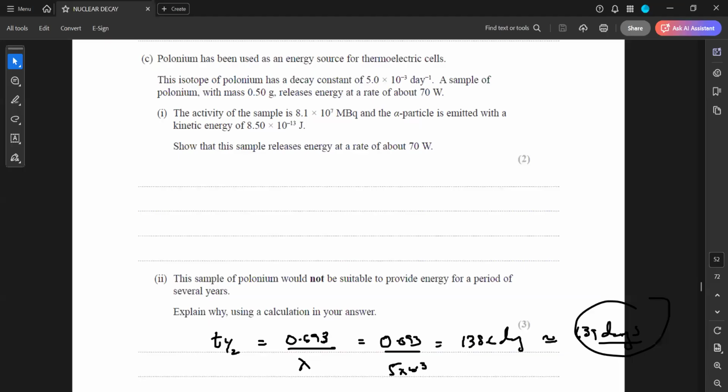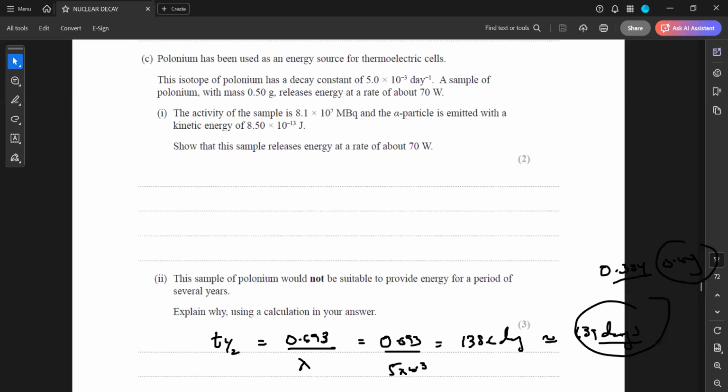So in terms of years, 139 divided by 365 is about 0.38 years, or I can say 0.4 years. So 0.4 years is the half-life. After every 0.4 years, the sample will become half of its original value.